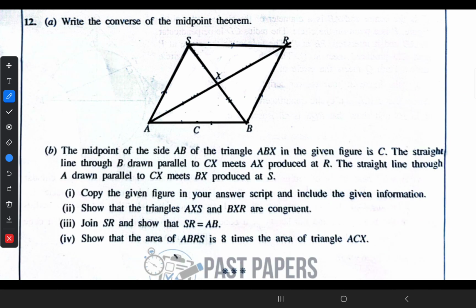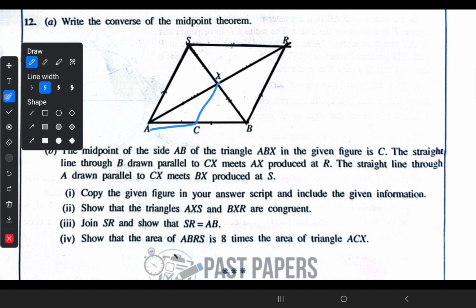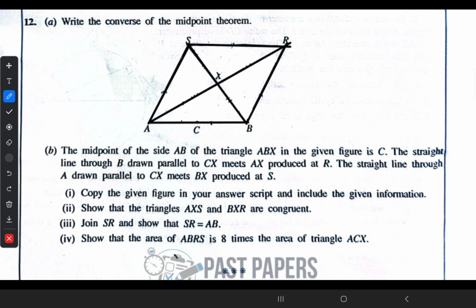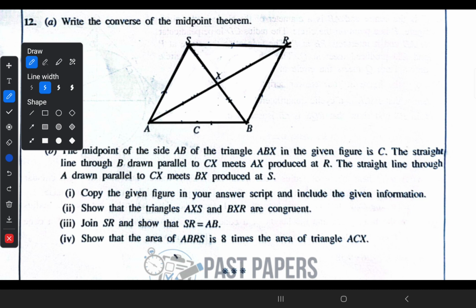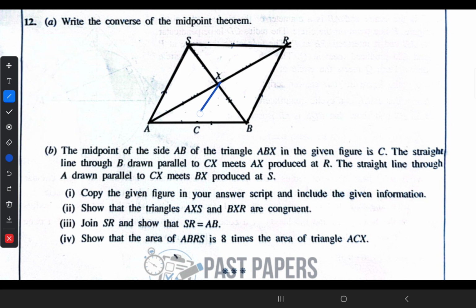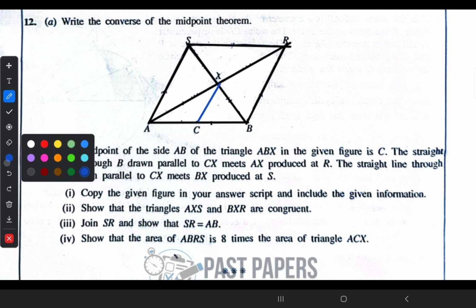Okay, last question. Show that the area of ABRS, that means the area of this parallelogram, equals 8 times the area of ACX. Let's connect this ACX first. ACX means this small triangle. We already know the parallelism between those lines, so we can use that as well.